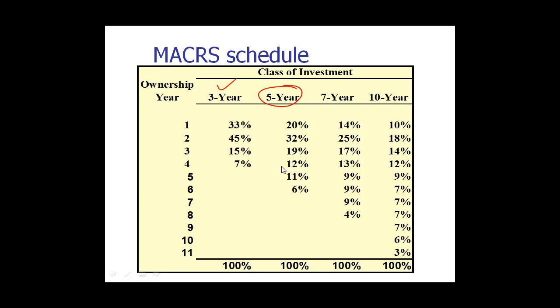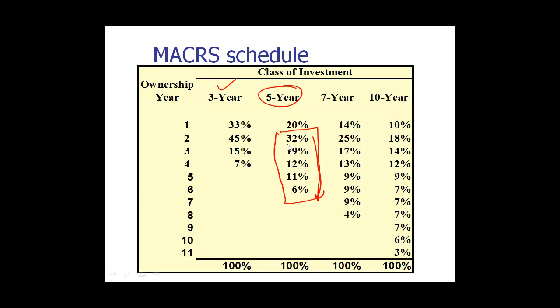Okay, I don't know if you remember that or not, but that is where a piece of equipment is put in the 5-year class. Okay, so then the tax manual will tell us that for equipment in the 5-year class, in the first year you depreciate 20%, then 32%, 19, 12, 11 and 6. So notice that the highest depreciation is in the second year, and then it comes down after that.